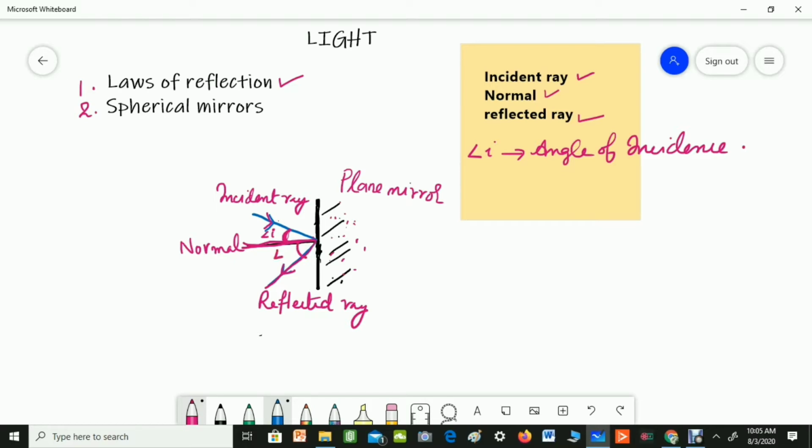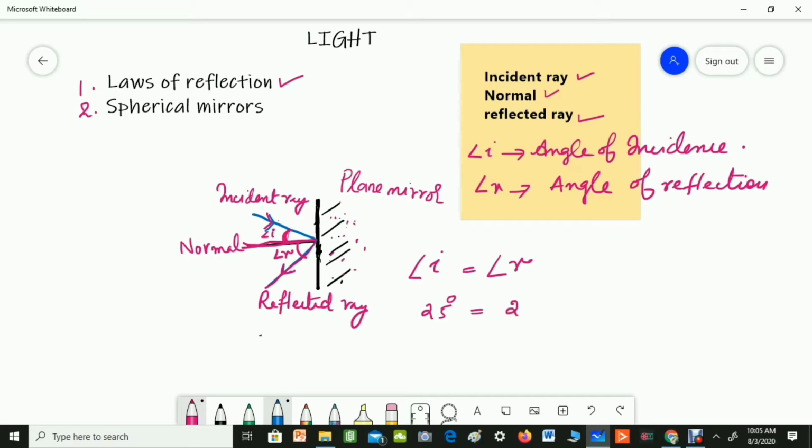Angle of reflection, I am writing angle R. Which means angle I is equal to angle R. If angle I is 25 degrees, then angle R also will be 25 degrees.